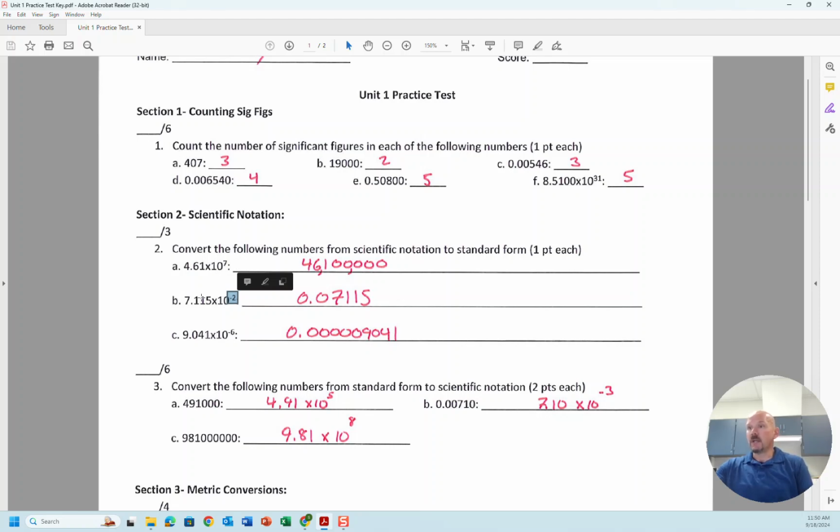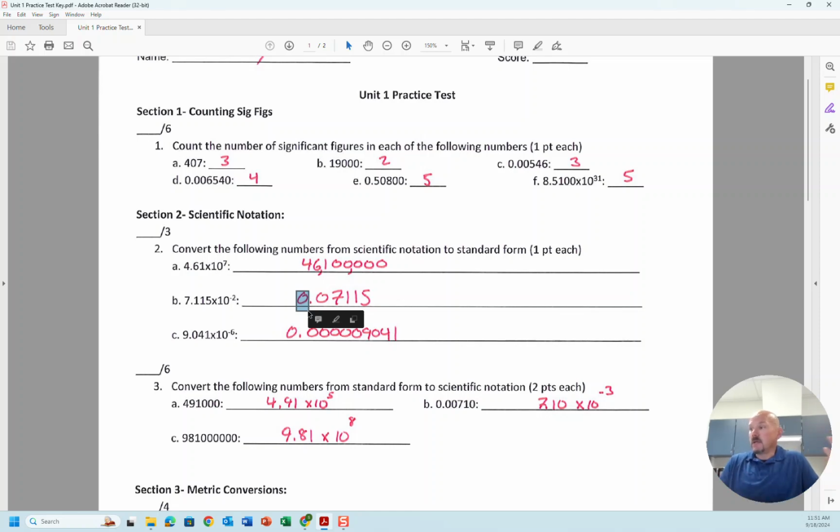So really what I'm doing is taking this decimal point, and to put it in standard notation, I'm going to move it to the left because it's a negative sign, and I'm going to move it to the left 2 times because it's raised to the negative 2. So 1 space, 2 spaces. Now, technically, you don't need to put that 0 there. It's just, a lot of times that's how we would write it. But it's not significant, right?